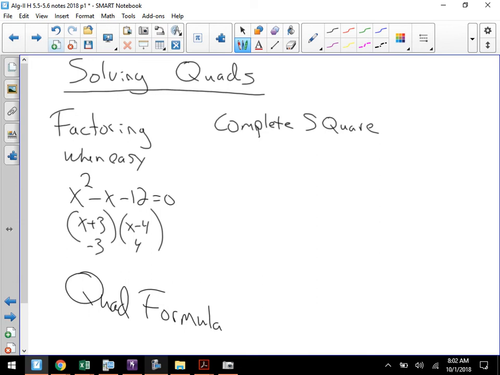Conic sections we look at in terms of, again, parabolas, but our parabola is going to fall over. So we'll have all these different standard forms of conic sections, parabolas, ellipses, hyperbolas, and circles, that we will use completing the square a lot to set up.